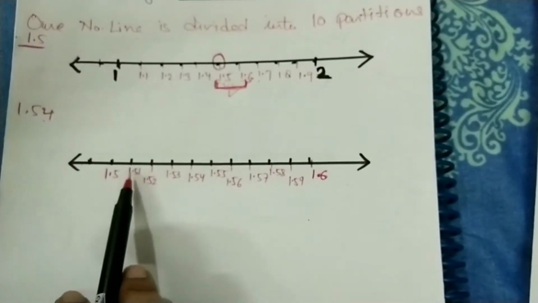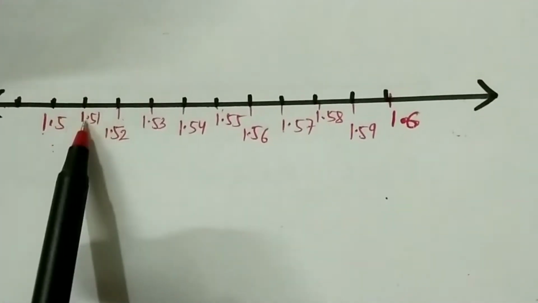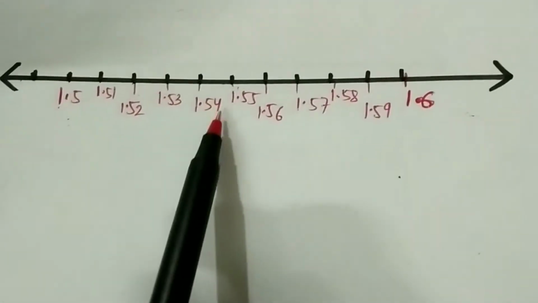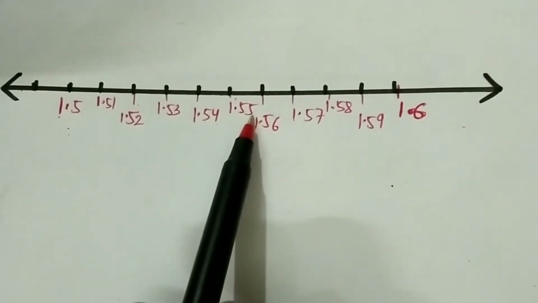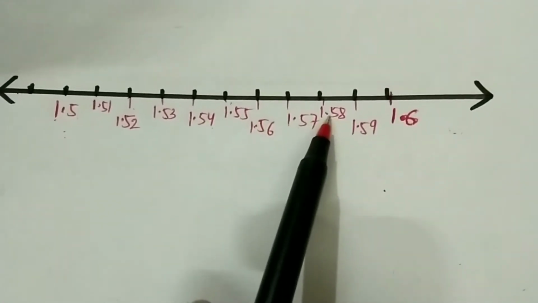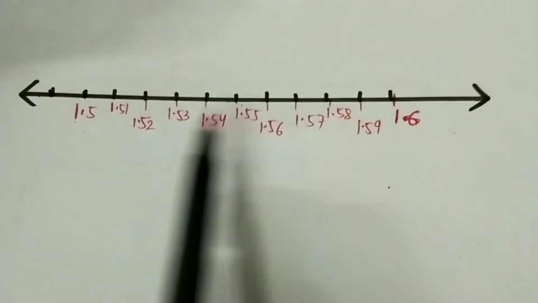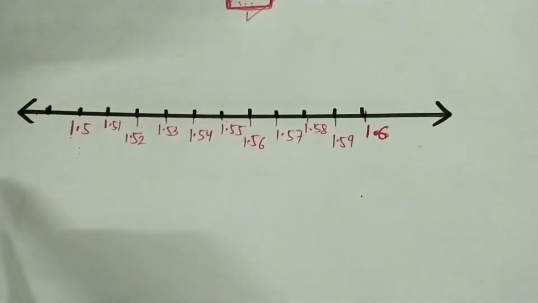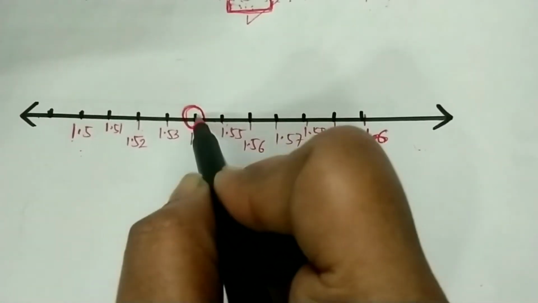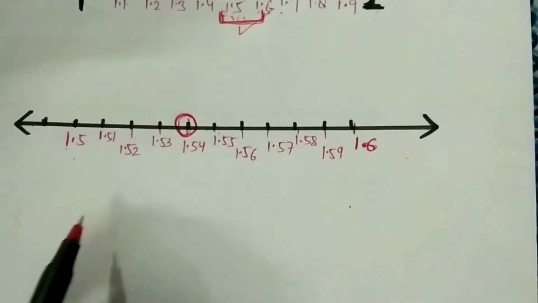Then the foremost will be 1.51, then 1.52, 1.53, 1.54, 1.55, 1.56, 1.57, 1.58, 1.59, then 1.6. Now we have to locate 1.54. So where is that number? Here. So this is how you locate by the process of successive magnification.